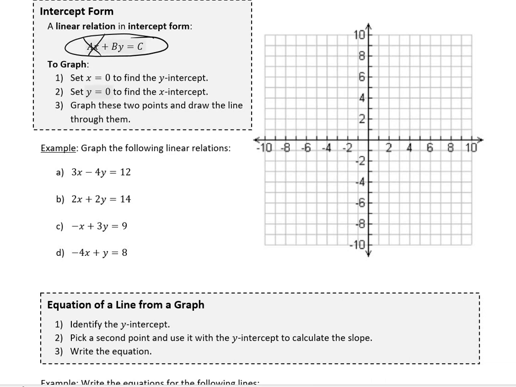And the y-intercept will just be, we divide both sides by b, and we'll have y is equal to c over b for the y-intercept. Similarly, make that go away. If we want to find the x-intercept, we'll let y go to 0, and x will be equal to c over a, and that will give us our x-intercept, where it crosses the x-axis.